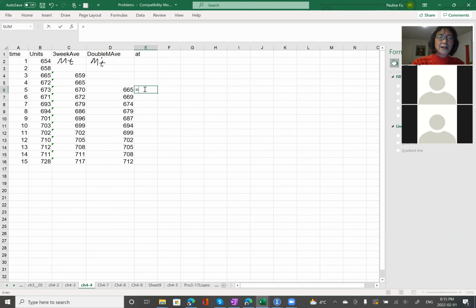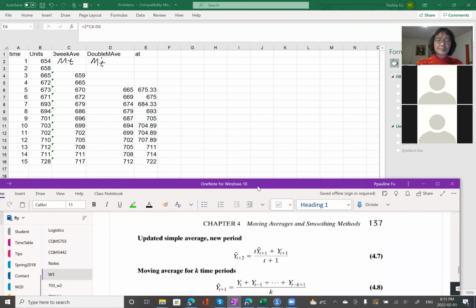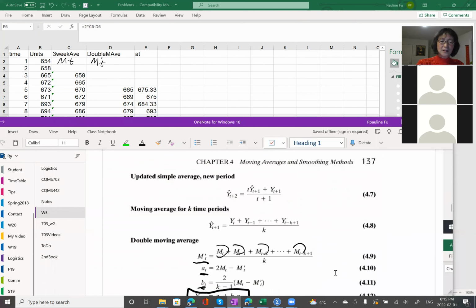So the formula said AT equal to 2 times MT minus MT prime. This is MT prime. So that is the formula for AT. Once you get that number, double click to get all other AT. So I just use this formula, AT, 2 times MT minus MT prime.